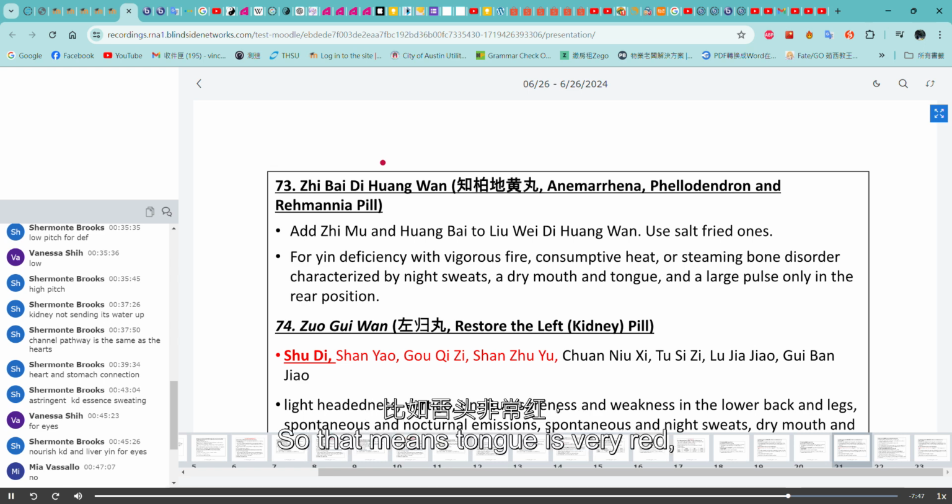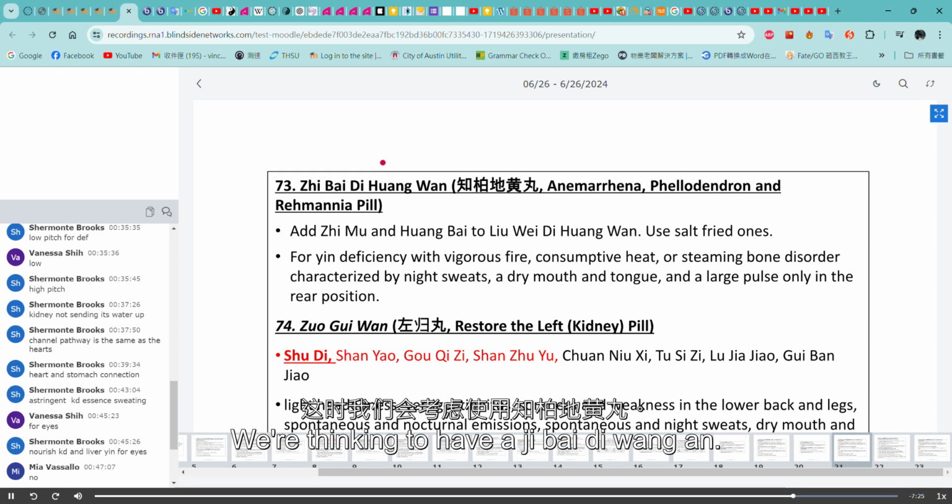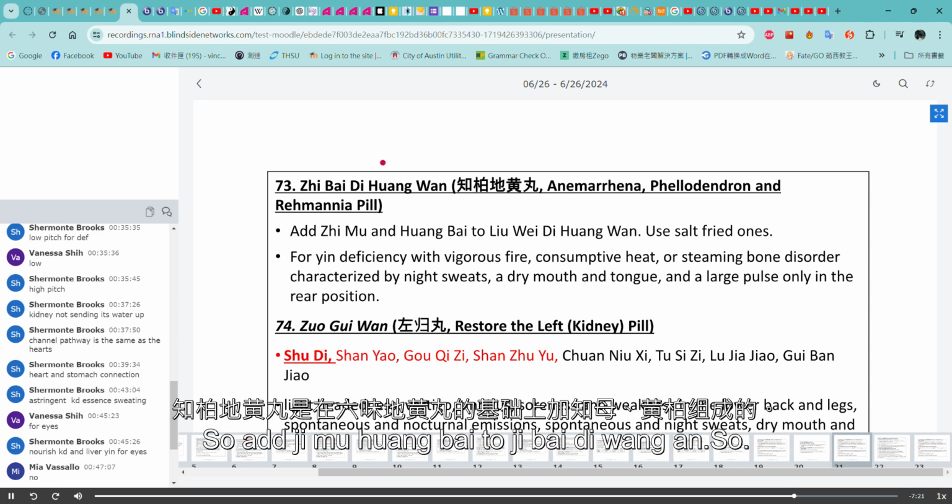That means the tongue is very red, the pulse is quite rapid, the patient has a red face, the night sweating is very severe, and hot flushes are getting worse. That heat is more agitated, like severe menopause. For women like that, we think of Zhi Bai Di Huang Wan. So add Zhimu and Huangbai to Liu Wei Di Huang Wan.